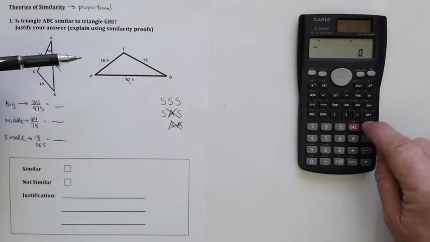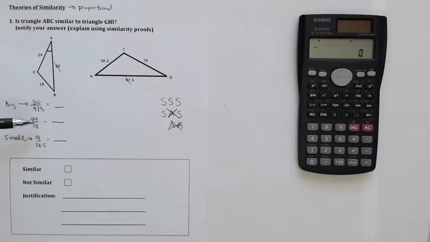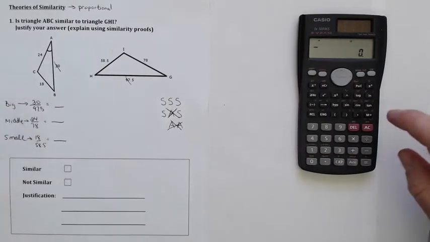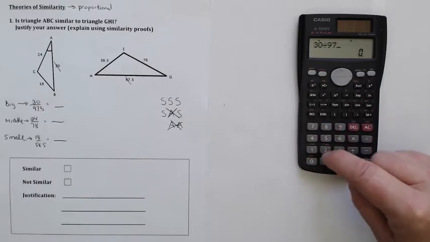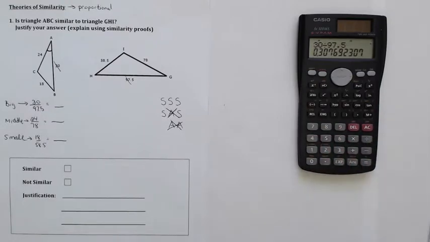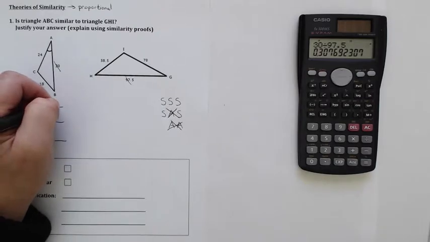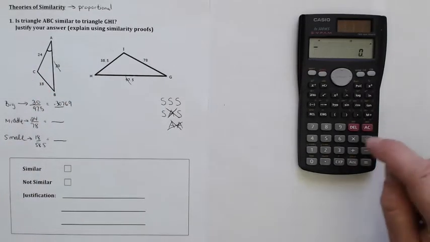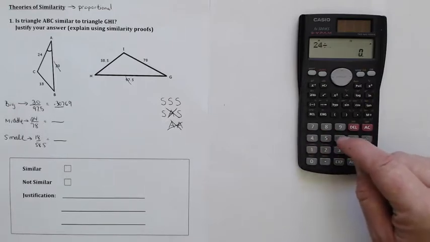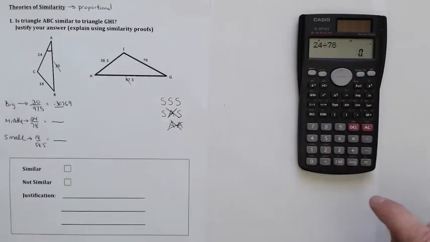So now, all I have to do is check to see if these 3 numbers come to the same proportion. So here I've got 30, and I'm going to divide that by 97.5, and when I do that, I get this crazy number, 0.30769. We'll see what happens. 24 divided by 78: 0.30769.